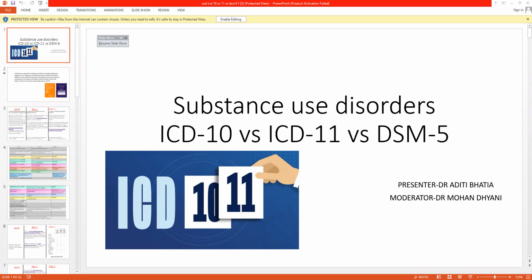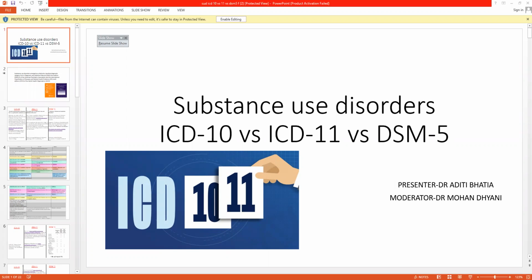While in ICD-11, instead of the categories, we see a primary diagnosis, that is single episode harmful substance use, harmful pattern substance use, substance dependence, substance intoxication, substance withdrawal, substance-induced delirium, substance-induced psychotic disorder, substance-induced mood disorder, and substance-induced anxiety disorder.